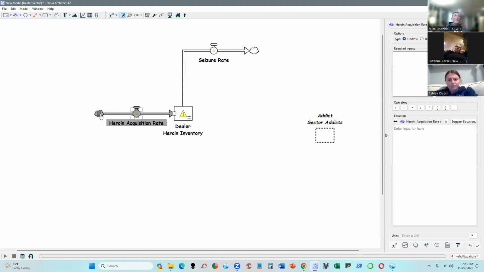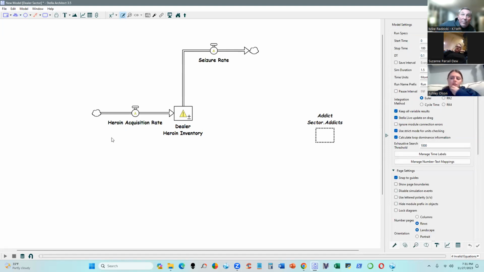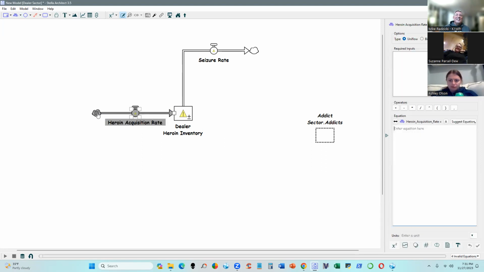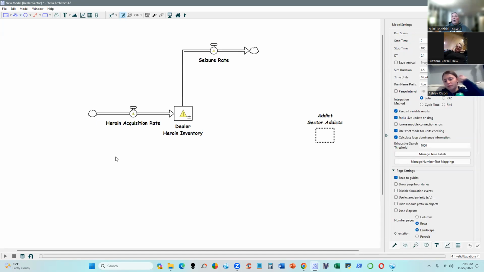All right, so heroin comes in from the dealer's dealer. There's a supply chain management issue going on here, right? Okay. What else? Is there any other thing that would change it? Heroin comes in from the dealer's supplier. It's seized by the police. Does it go anywhere else?